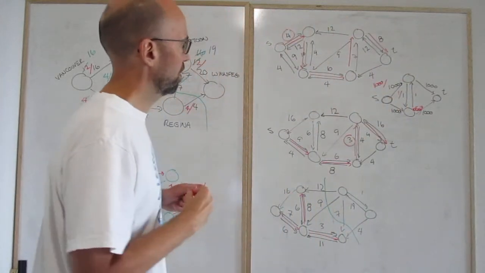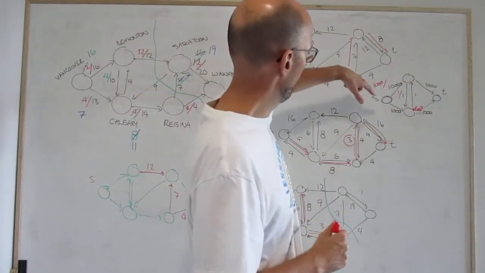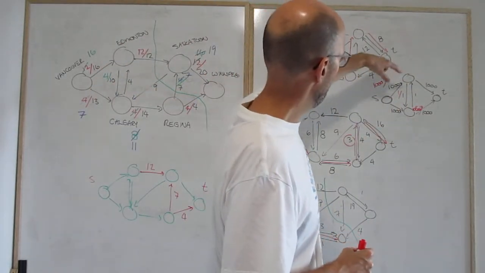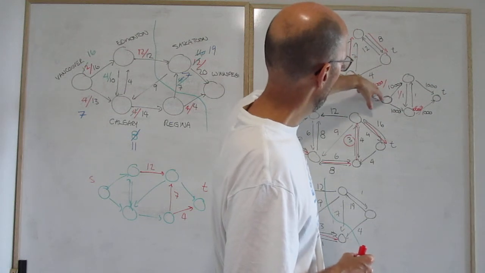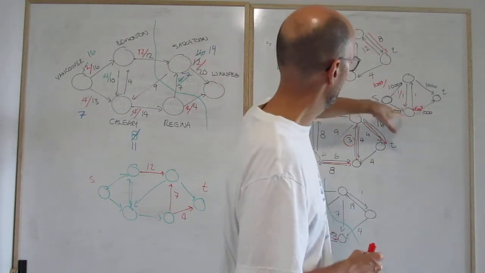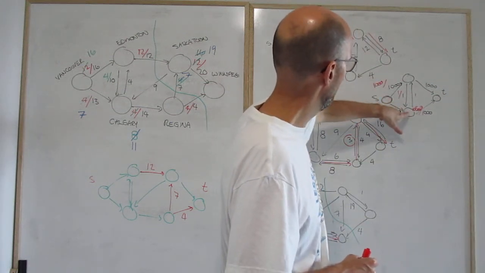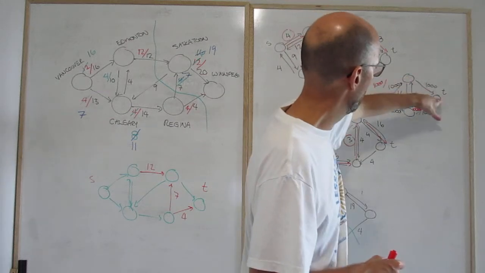Oh, right. So I think this is where then if you look at the residuals, you can't put anything across here. Here you can't put anything across here. So the best you can do is put 1, 1, and 1.